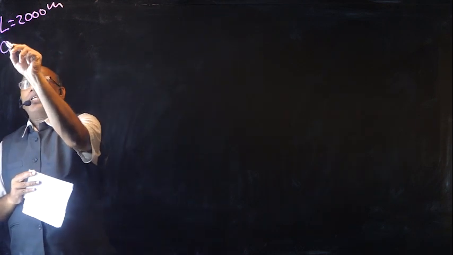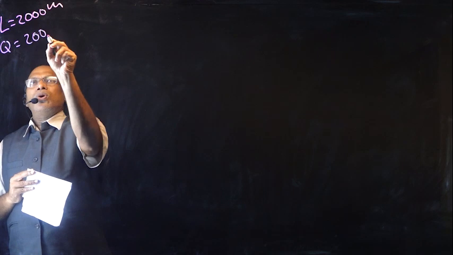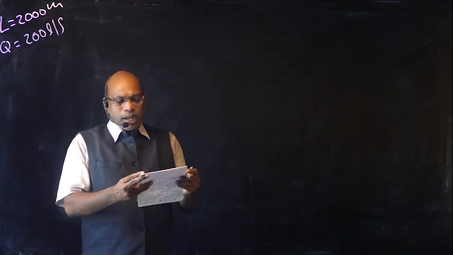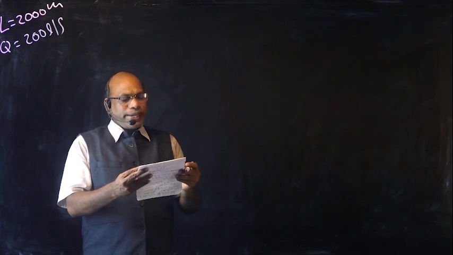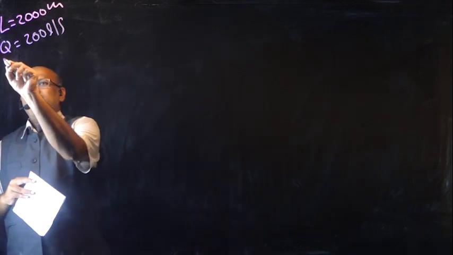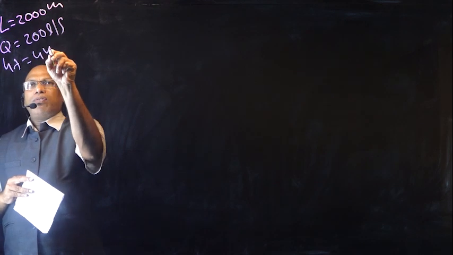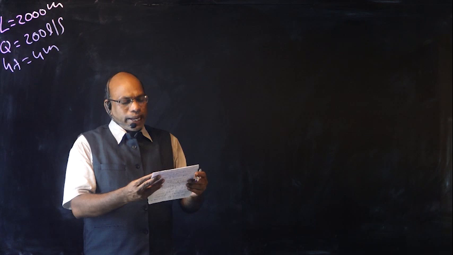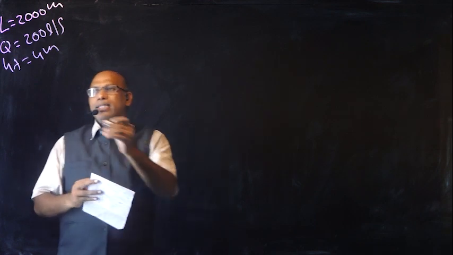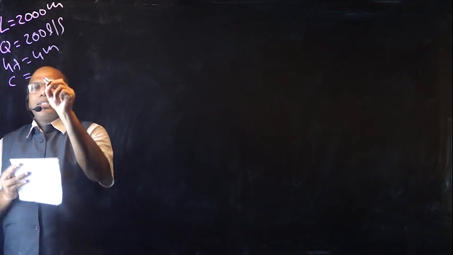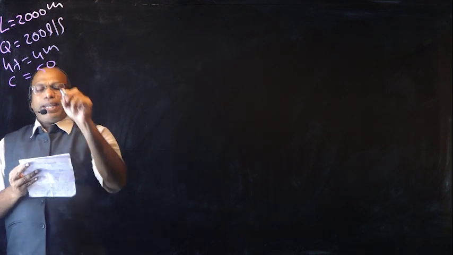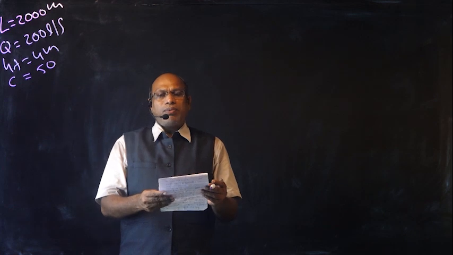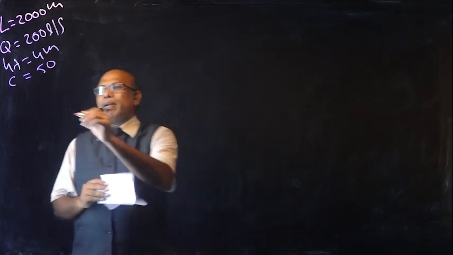Rate of flow Q is equal to 200 liters per second, and the head loss due to friction is 4 meters. HF is given, that is equal to 4 meters. Take the value of C, that is Chezy's constant, as 50. This is the given data. Based on this data, we are going to determine the diameter of the pipe.